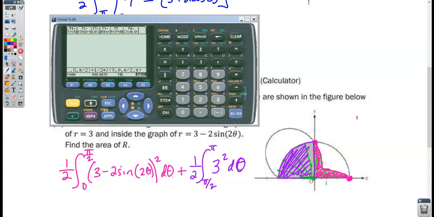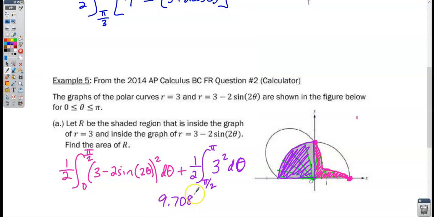And we calculate that. And we get 9.708. 9.707 is also acceptable, the truncated value.